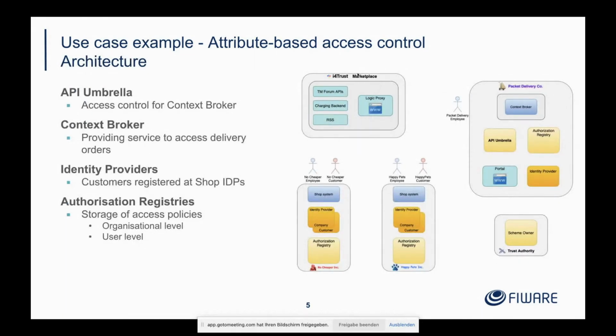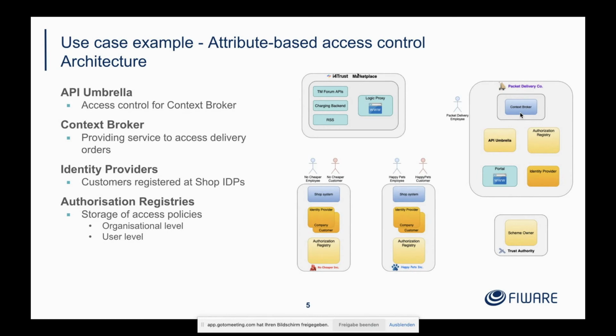Okay, the basic architecture we have here in this data space is a similar picture as before, but with some more components, especially now on the side of the packet delivery company. For instance, you have this context broker, which is the instance providing the service.